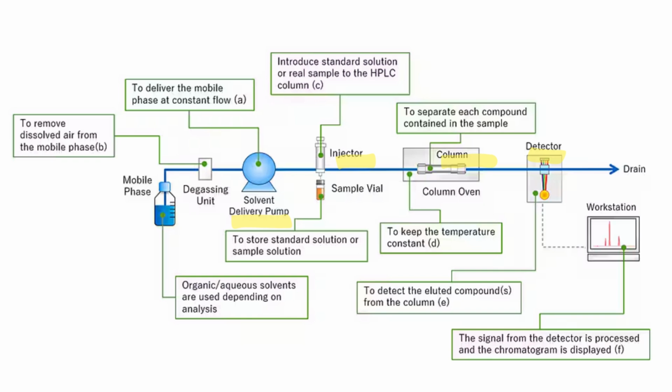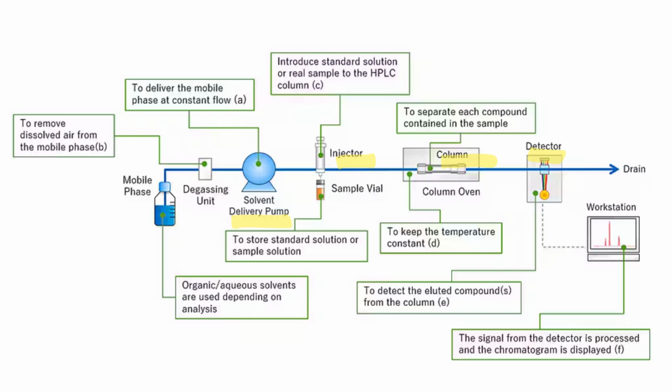So we need this pump. The pumps ensure a constant flow rate and can be adjusted for different types of analysis. This high pressure delivery is the key to efficient separation.